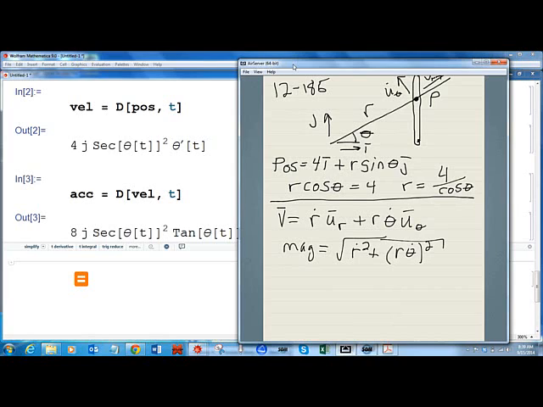How are you going to find acceleration? r double dot minus r theta dot squared, plus 2 r dot theta dot plus r theta double dot.